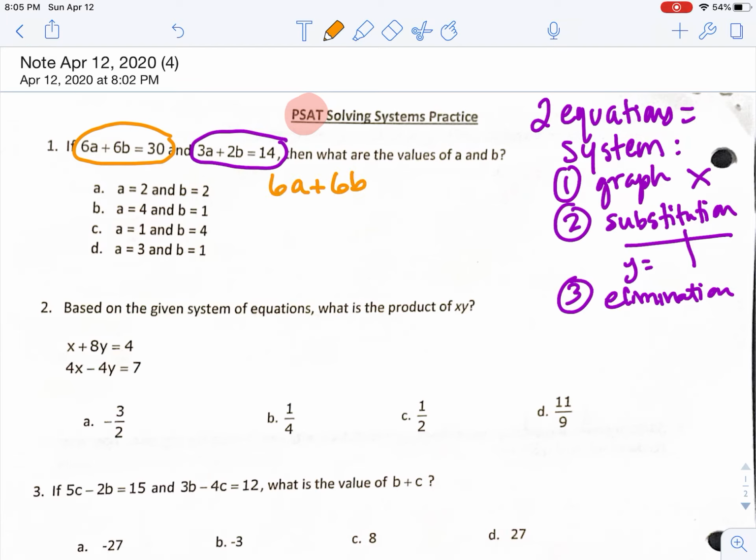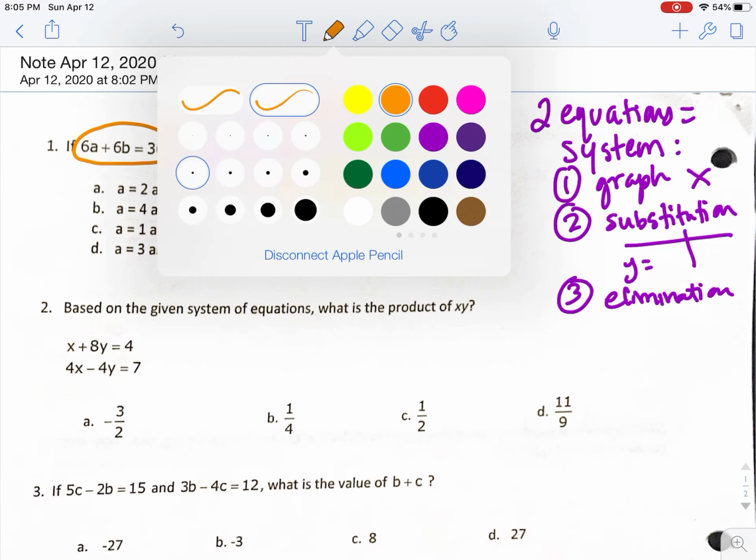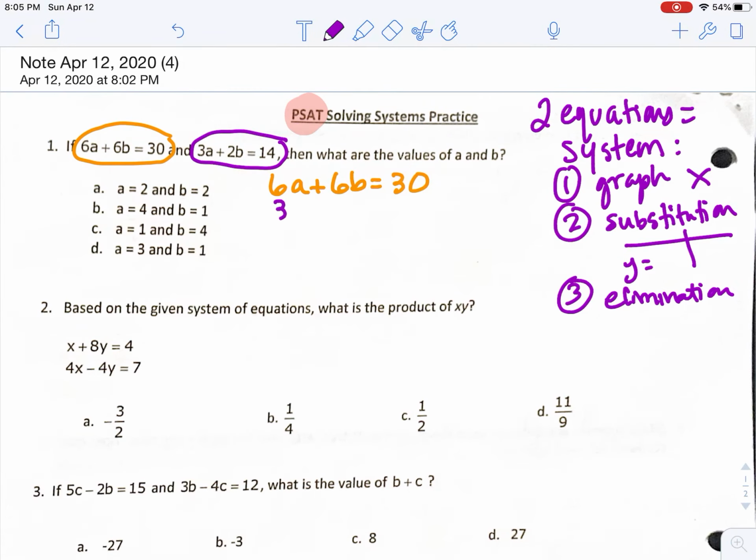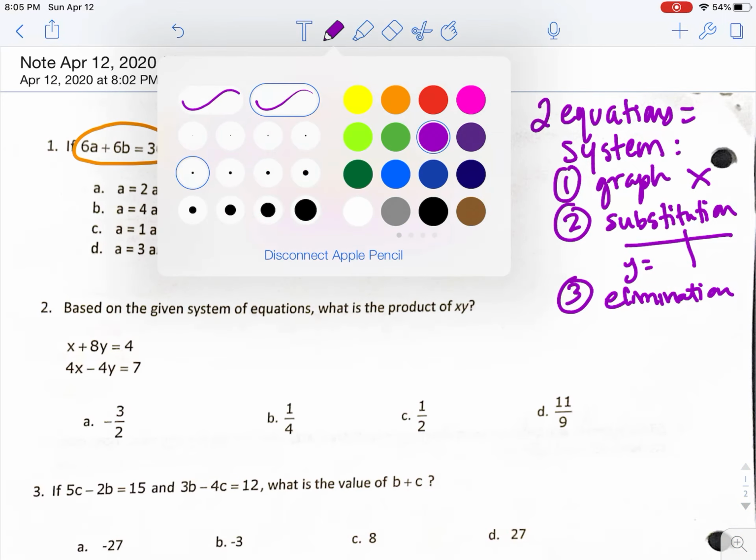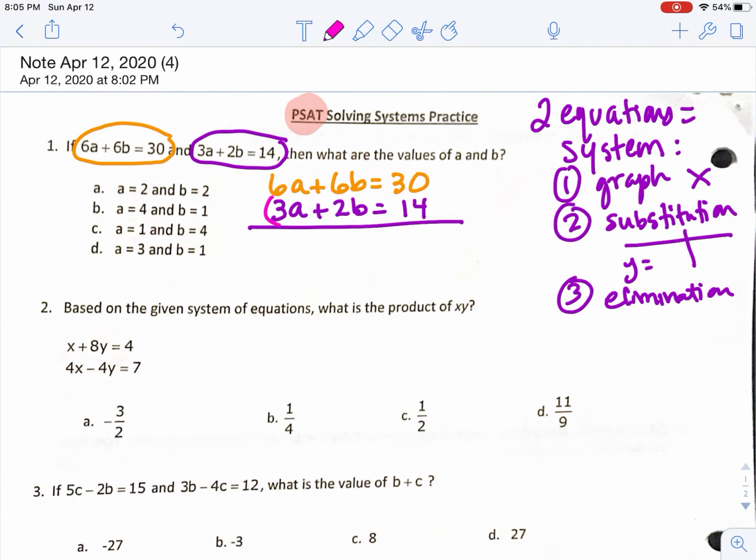6a plus 6b equals 30. And then I write equation number 2 underneath it. 3a plus 2b equals 14. Now let's see what we could multiply by in order to make these cancel out. And so I think I could multiply this bottom one by -2, because -2 times 3 would give me -6a, and then those would cancel. So let's distribute that.